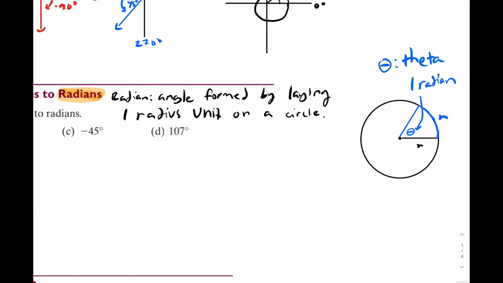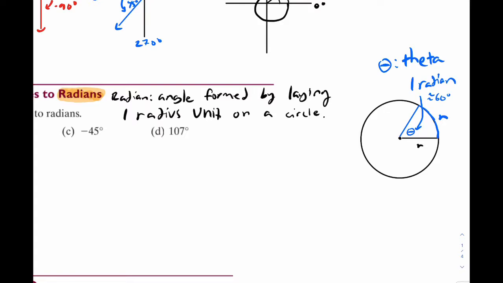And if you look at this picture, this appears to be about 60 degrees. And that is actually true. So if you hopefully drew it to scale, you can see that it is about 60 degrees. Clearly not exactly.